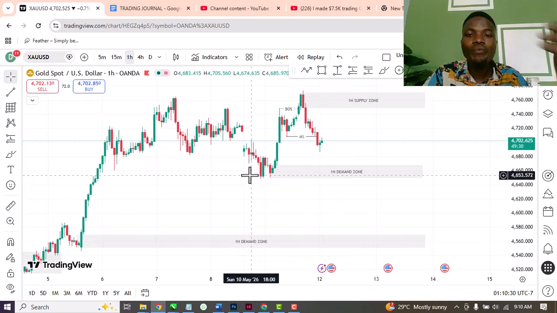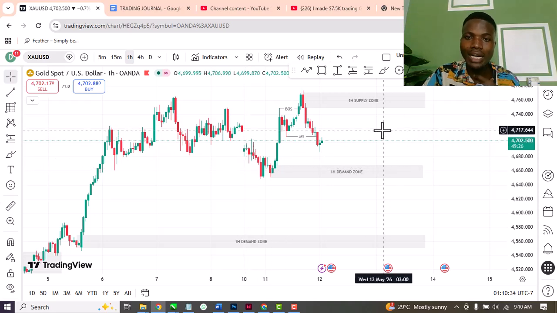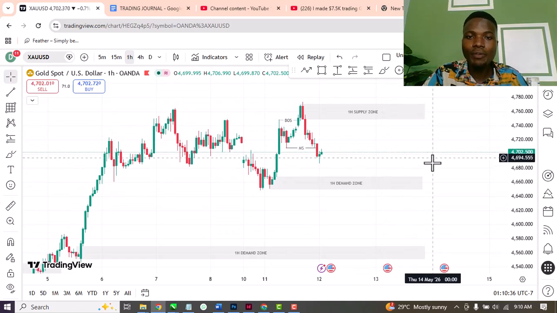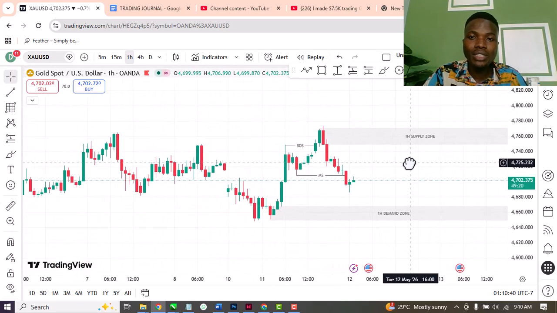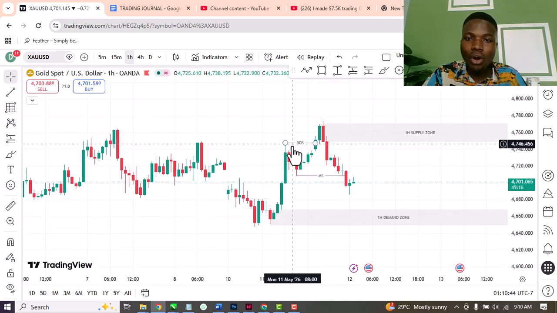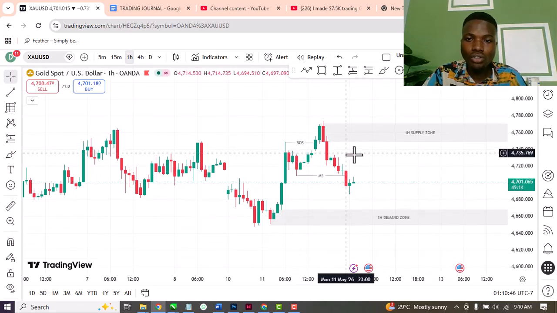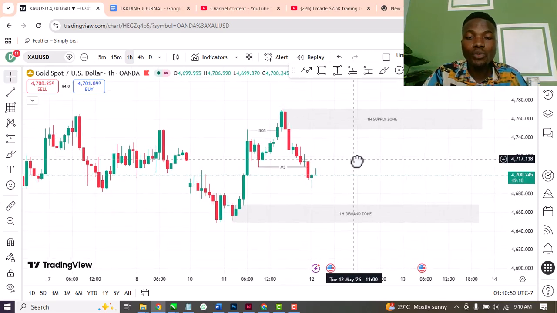So right now, what is going to give us confirmation that we should enter the trade? Before that, we want to start with how price broke structure. We can see that price broke structure to the upside with a strong candle.